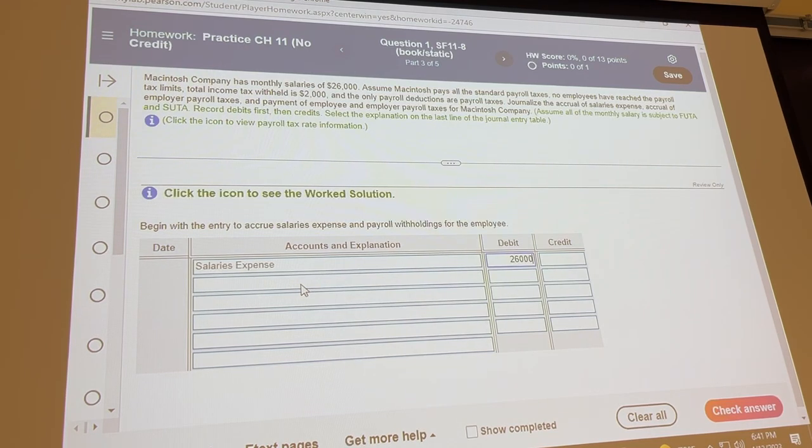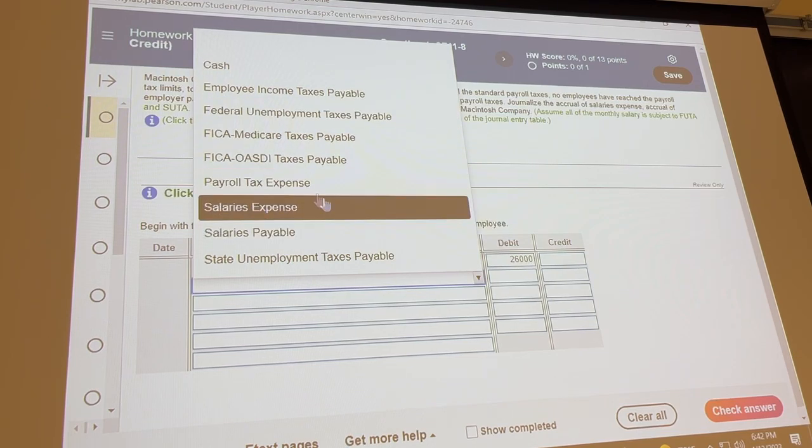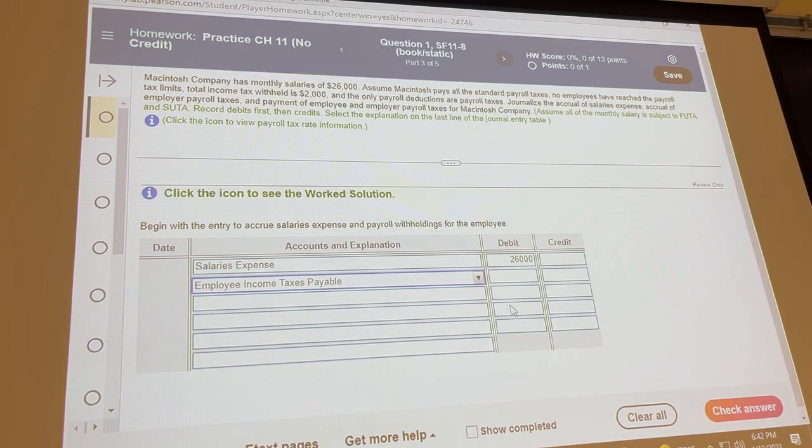Okay, then for our credits, it will include everything that gets withheld. So up at the top of the problem, they say that total income tax withheld is $2,000. So we can say employee income taxes payable, and that's going to be a credit of $2,000.